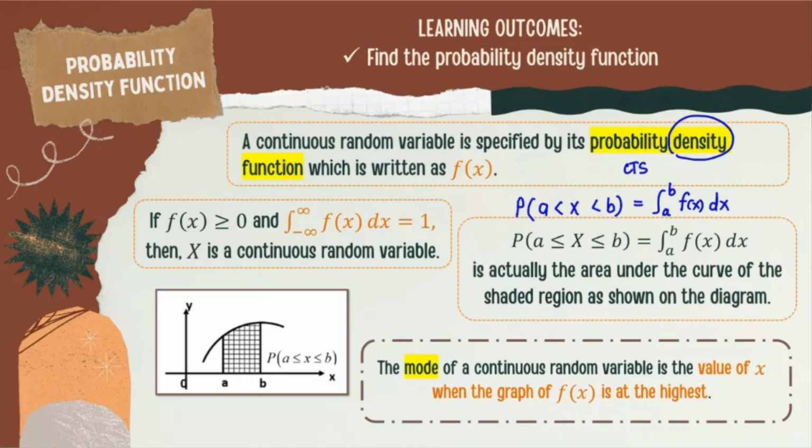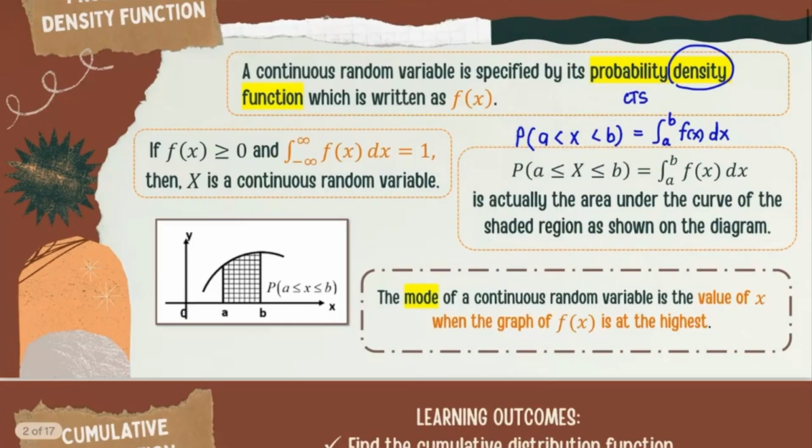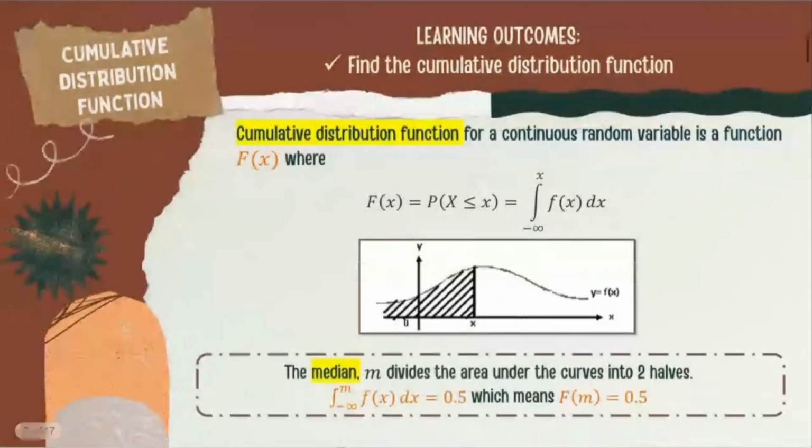Dan sama juga mode for our continuous will be the value of x when the graph is at the highest. Okay, so dia akan gunakan graph of continuous lah, graph untuk PDF. Nak lukis graph dia depends kepada piecewise function yang diberi dekat soalan. Okay, so itu untuk continuous.